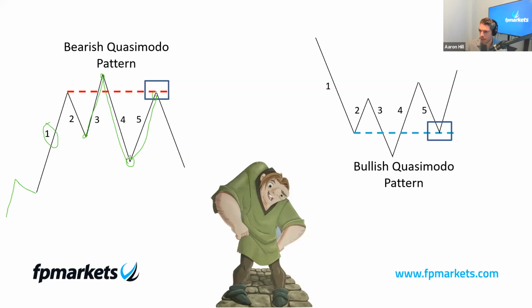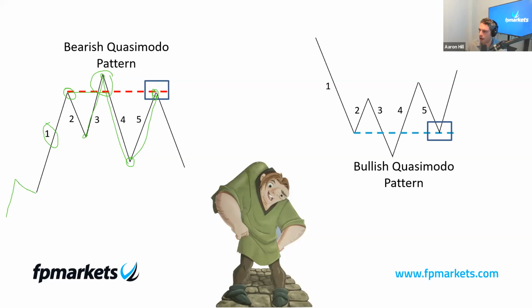And if we get a pullback at point 5 that reacts from the Quasimodo level, the left shoulder, remember guys, I said you have to extend from the left shoulder through all of this mess. You can say that this is the fake out. You have to extend a level through all of this mess to connect with this point here.